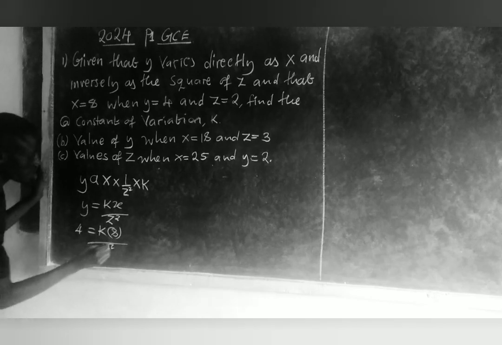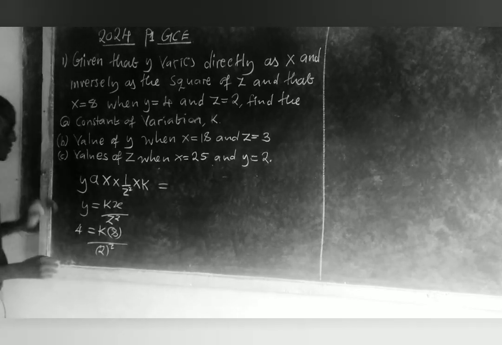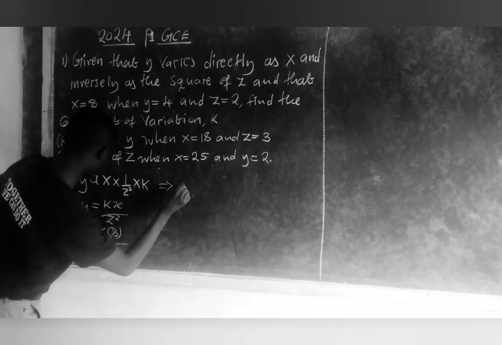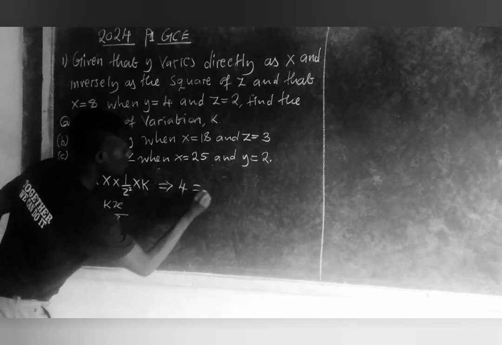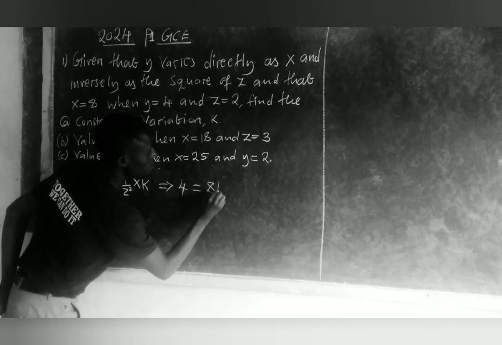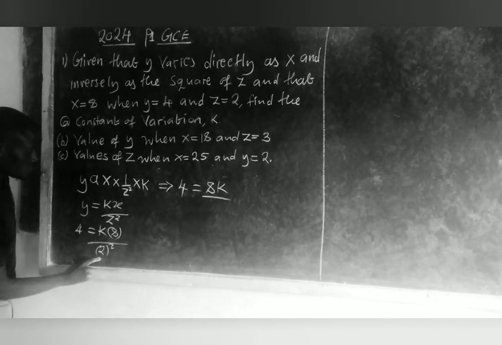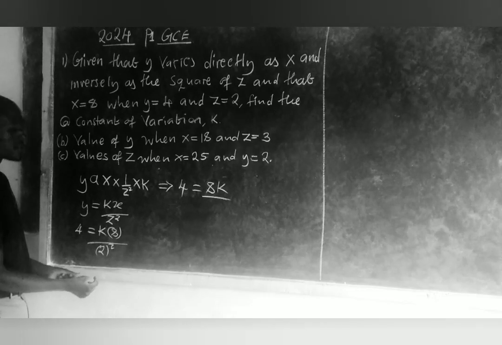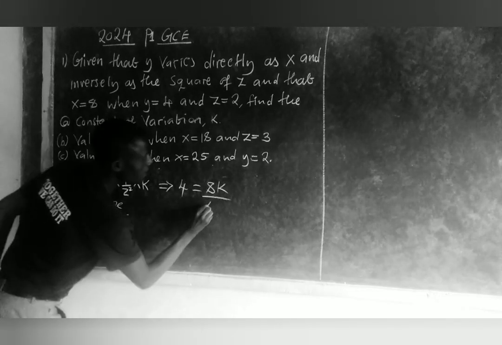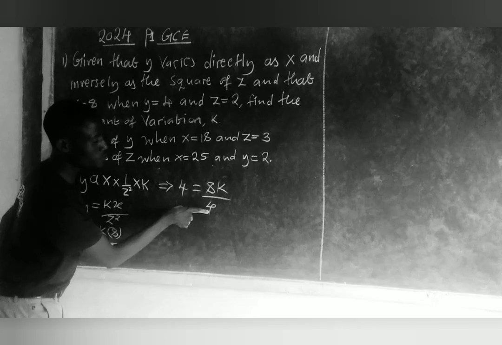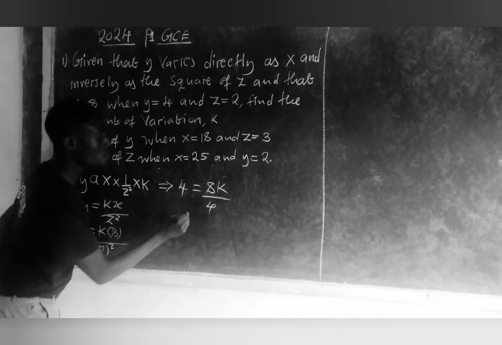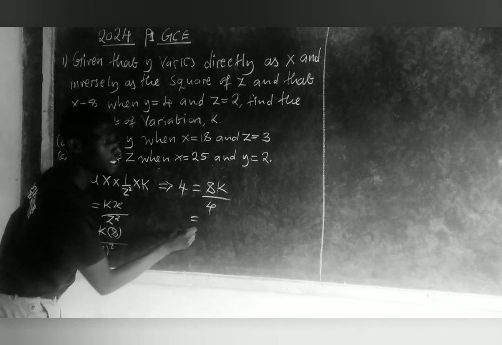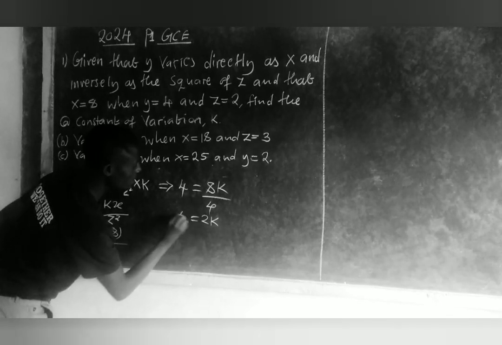So in this case, we can say 4 is equal to 8k out of 2 power 2. We deal first with the parentheses. So 2 power 2, we have a 4 here. As you can see, this 4 can go into 8. How many times can 4 go into 8? It is 2k and 4.